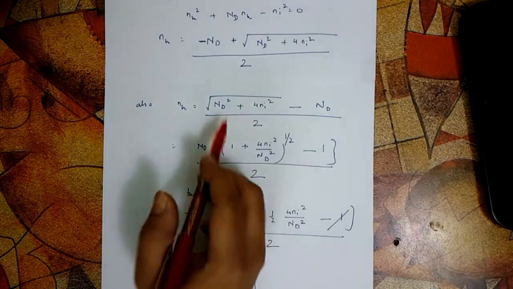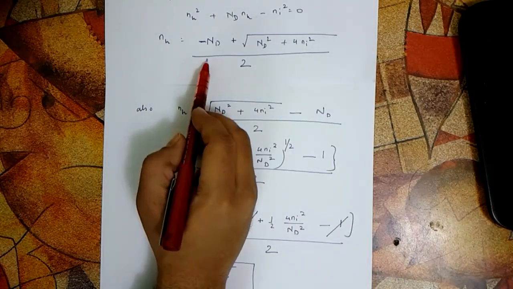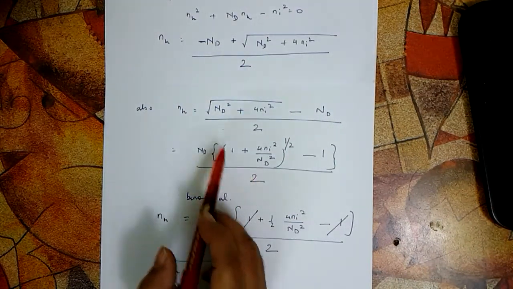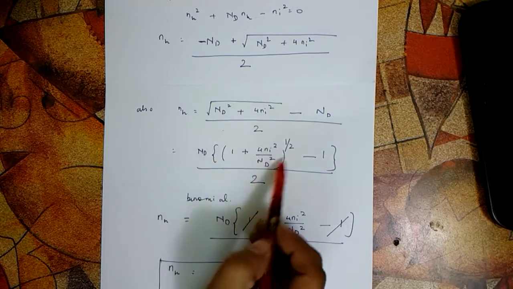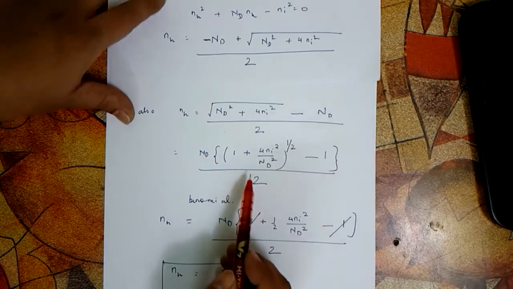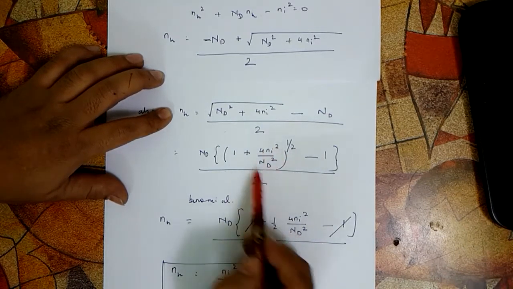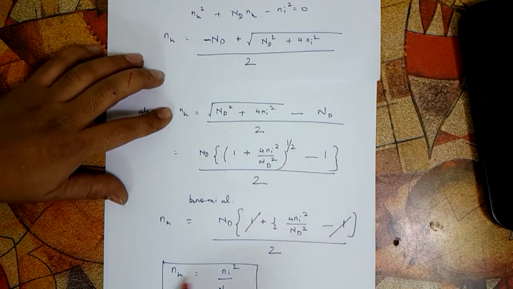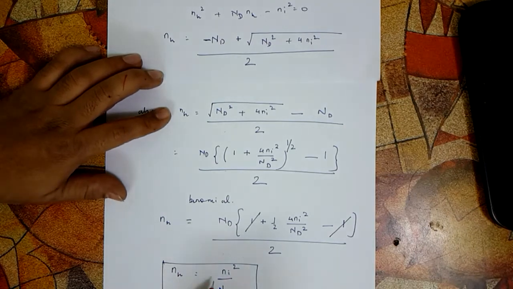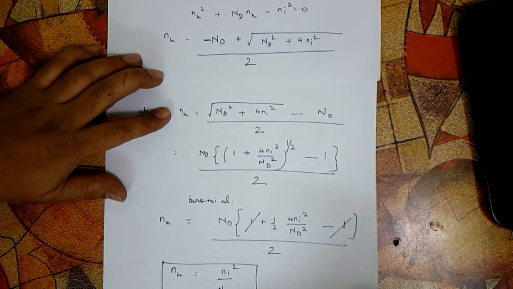So that is after solving the quadratic. What we are going to do is take a Nd out, and then it becomes like this. And now we do the binomial approximation. So this half comes in. Obviously this is very less. So again what do we get is the same thing. So Nh is equal to Ni square by Nd.